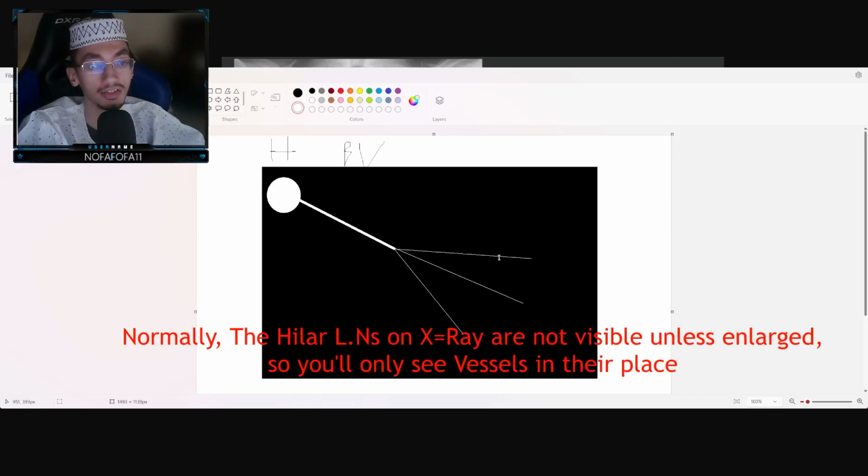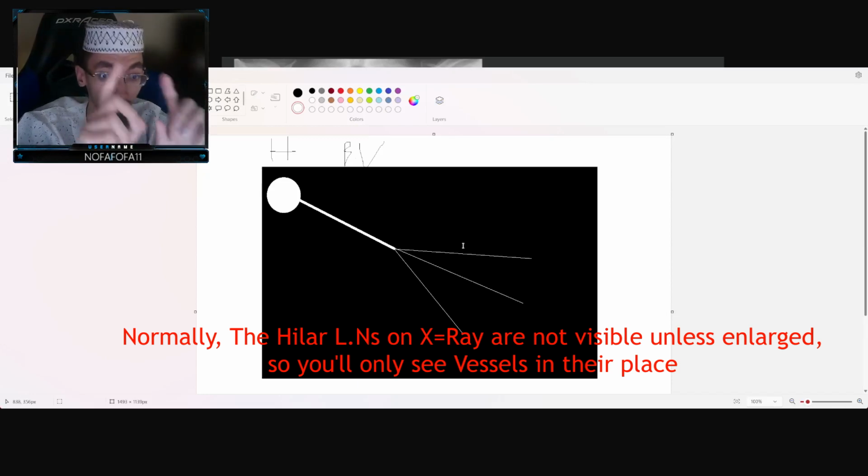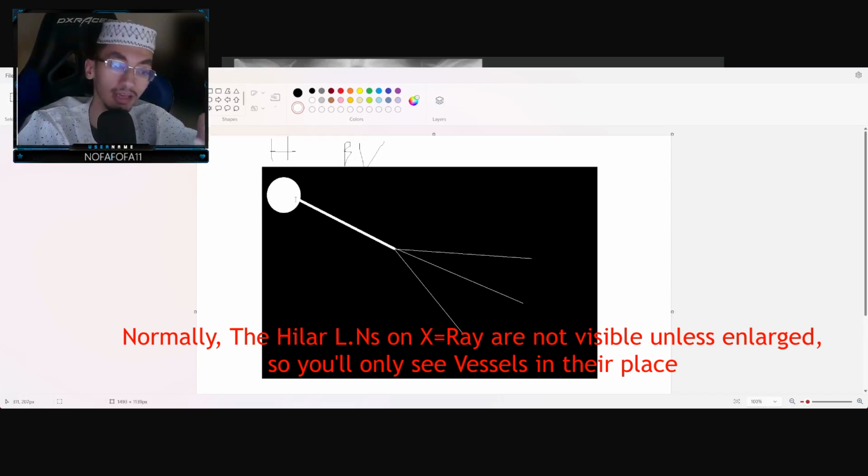So let's summarize. This is the lung interstitium, the background of the lung on a frontal X-ray. We have the hilum containing the lymph nodes and the pulmonary blood vessels. They're very big, but they start to spread out, specifically the pulmonary blood vessels. As they spread out peripherally, they become thinner and less and less visible.